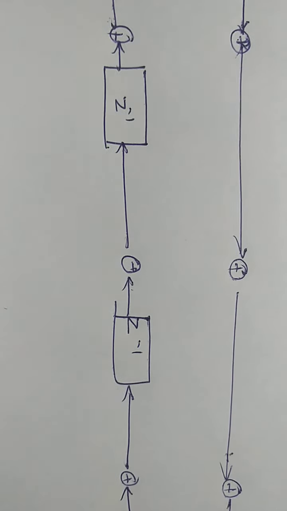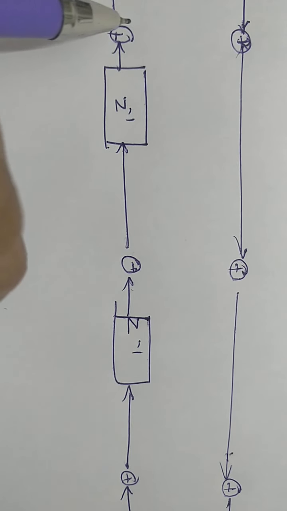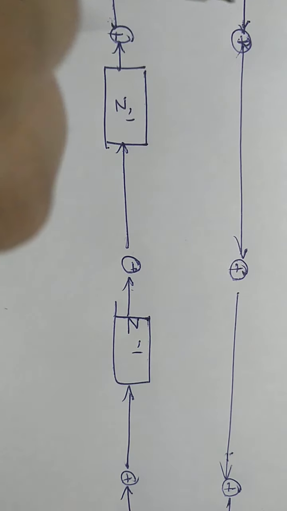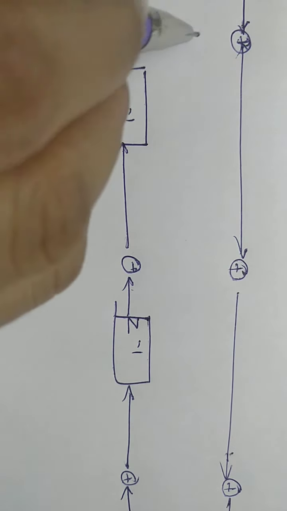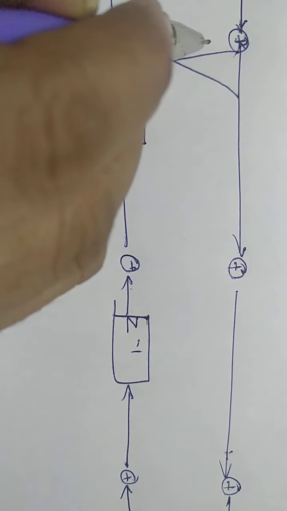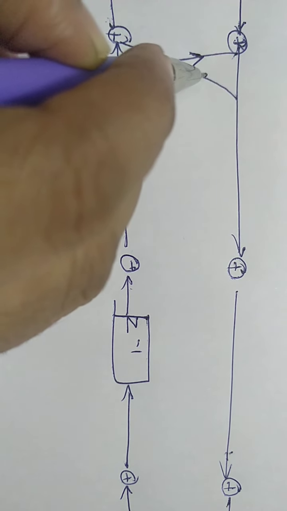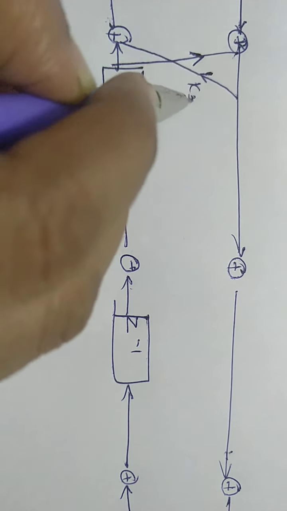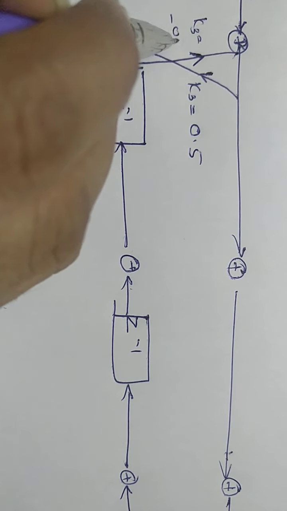Okay. Now we need to draw the K1 coefficient, K2 coefficient. Here in an IIR filter, one K coefficient is negative because of the reverse path, the other is positive itself. So K structures are like this. Here like this and like this. Here K3 is equal to 0.5. Here K3 is equal to minus 0.5.